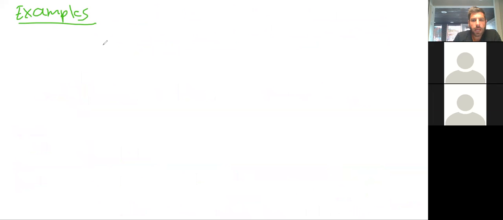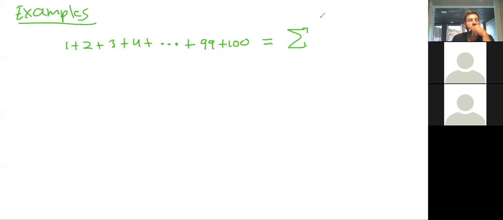So say I have this sum, 1 plus 2 plus 3 plus 4, and this thing goes all the way up to, say, 100. So let's say this is 99 plus 100. Well, how could we write this in sigma notation? How can we compact this?